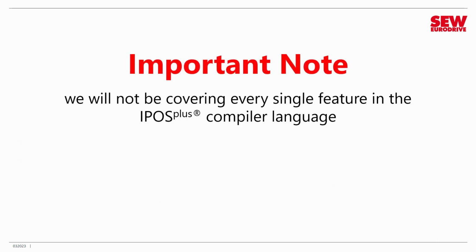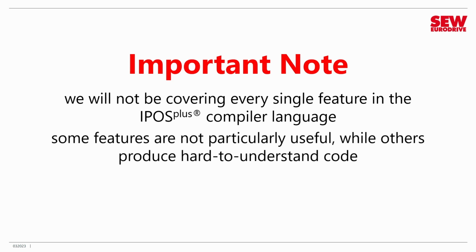All right, now very important note here. We will not be covering every single feature in the IPOS compiler language. It's a very thorough, well-implemented language. Some of the features, in my opinion, are not particularly useful, and some, while they're useful, produce code that's very hard to understand, especially by people who are new to programming in IPOS or a C-type language.